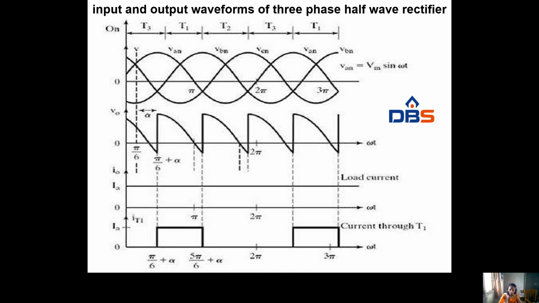The source current will be obtained when the thyristors are commutating, then the source current is obtained from 5 pi by 6 plus alpha to 5 pi by 6 plus alpha, and after that 3 pi. So current through T3 will be there.